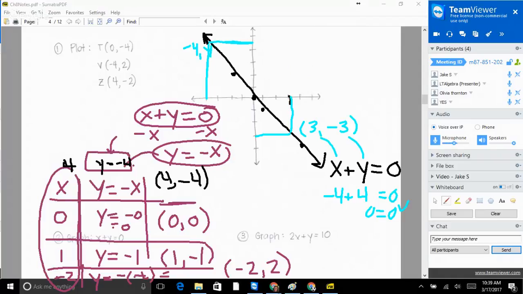So what this line represents is every answer to x plus y equals 0. Okay, I'll let that sink in for a minute. What do you guys think of that?